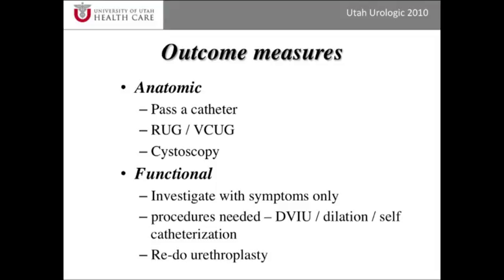The reason I mention this is that the studies really vary, and some studies will quote greater than 90% success with urethroplasties. And it's true, if you define this as not needing another urethroplasty, then yes, it's greater than 90%. However, if you define this as some narrowing that you see on a scope procedure, then the success rate is going to be less, even though patients may not have symptoms from the scar.